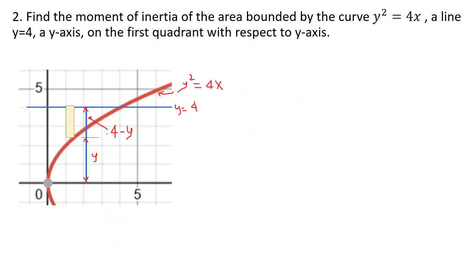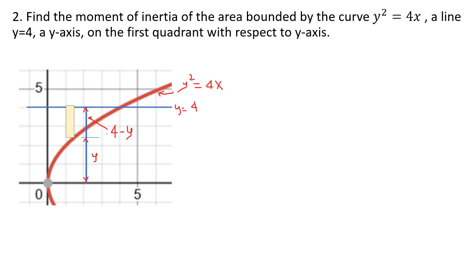Find the moment of inertia with respect to the x-axis of the area bounded by the curve y squared equals 4x, the line y equals 4, and the y-axis in the first quadrant, with respect to the y-axis.